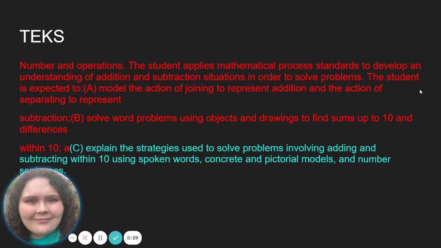The TEKS that this activity hits are: the student applies mathematical process standards to develop an understanding of addition and subtraction situations in order to solve problems. The student is expected to, and specifically this activity hits on letter B, solve word problems using objects and drawings to find sums up to 10 and differences within 10.